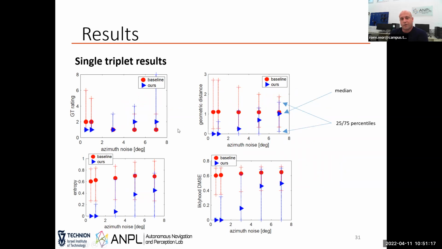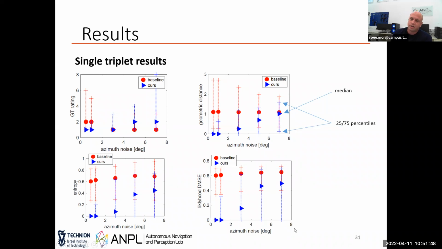Some more results of our research. We won't go over all the results, but when you look, for example, at the bottom right, at the M.Sc, the probabilistic distance, you can see a few things. First of all, we have better performance than the baseline, as we saw before. But the other thing is that the x-axis is the azimuth noise.